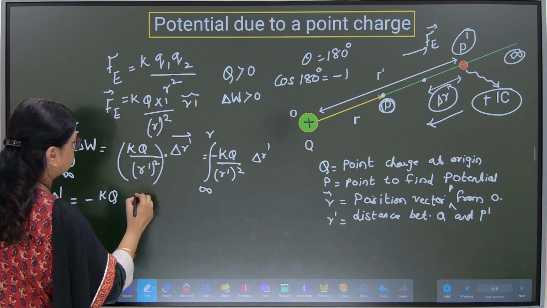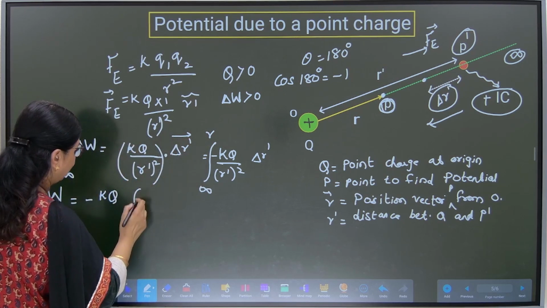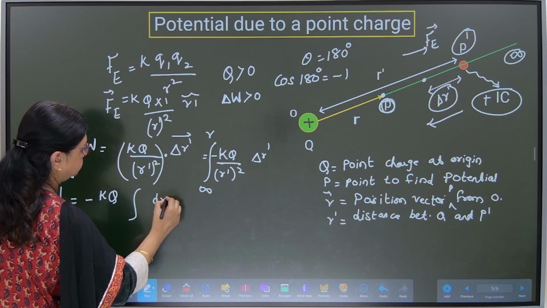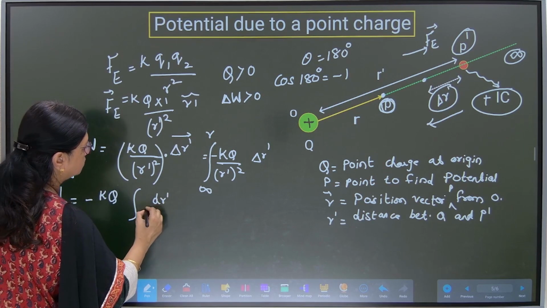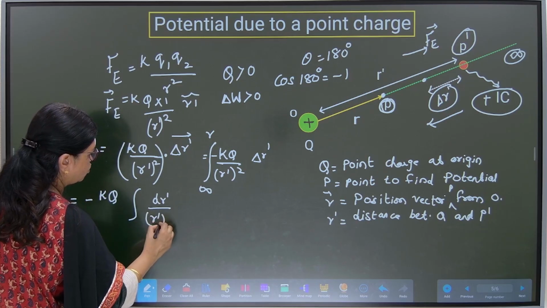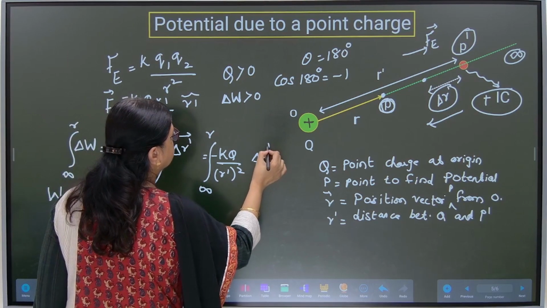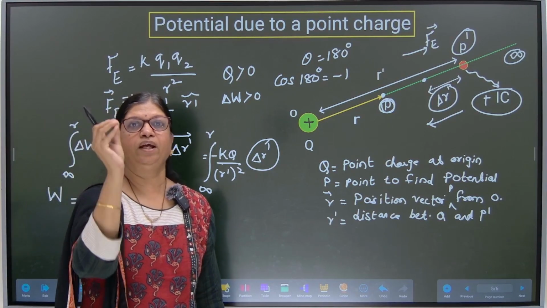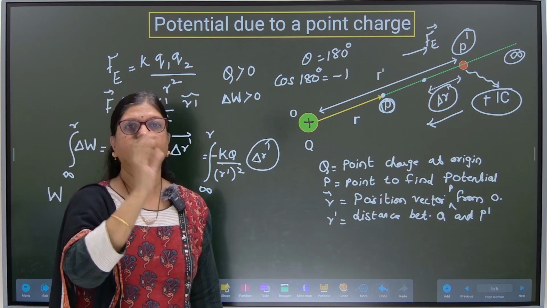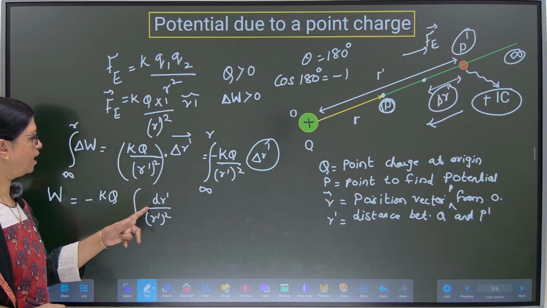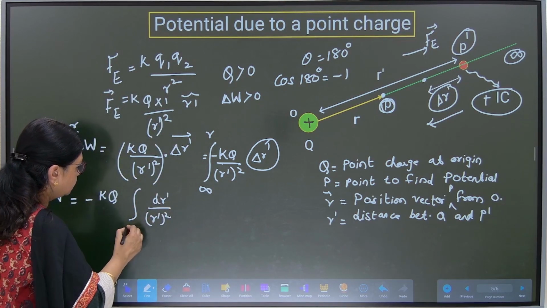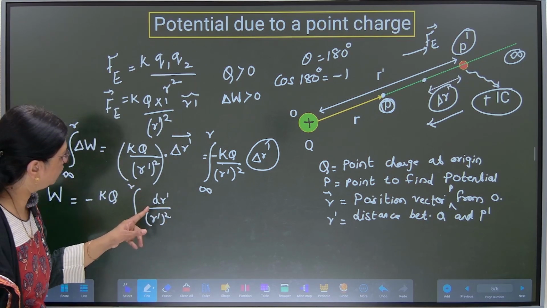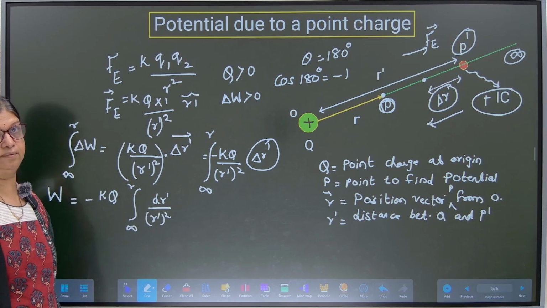Now, whenever there is integration, delta R will become dr, upon R dash square. So what have I converted? This delta R is a little big value. Yesterday I told you dr is a very small value. Integration is always for small values. So I have converted delta R to dr. Now I am ready with the integration and the upper and lower limits. What is the variable here? R dash.